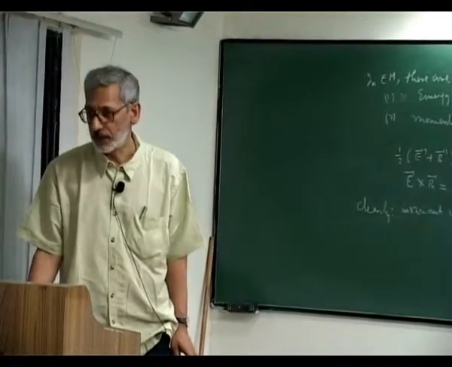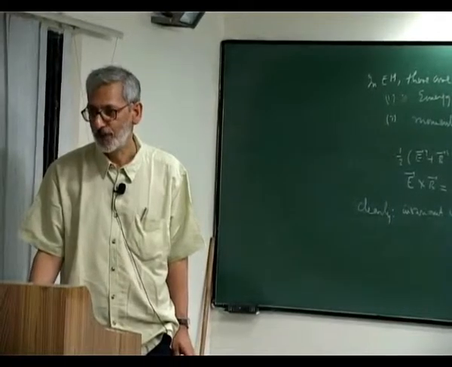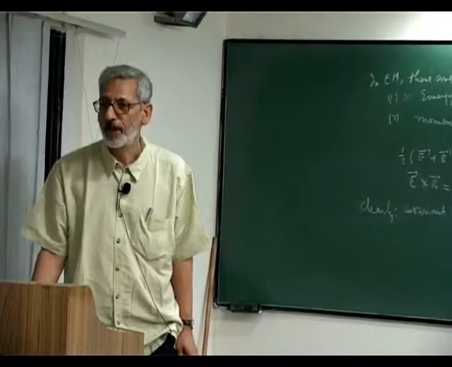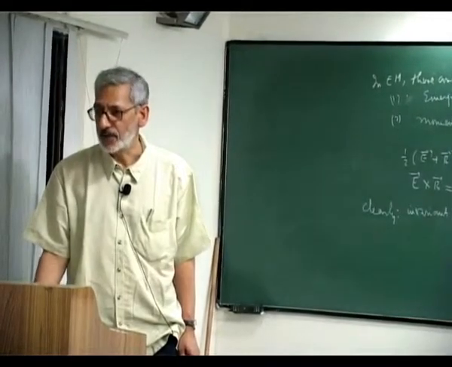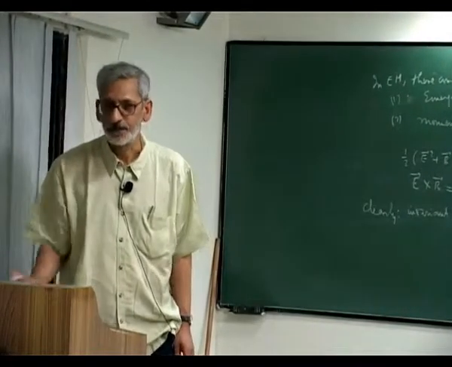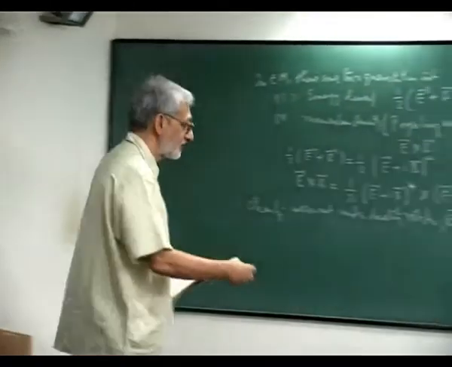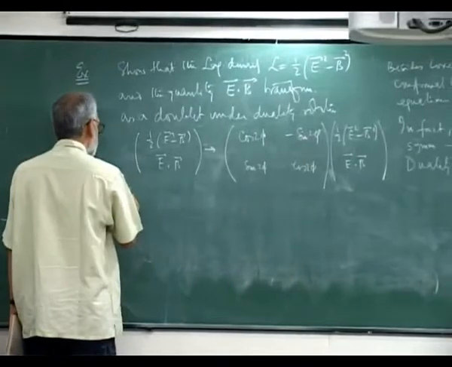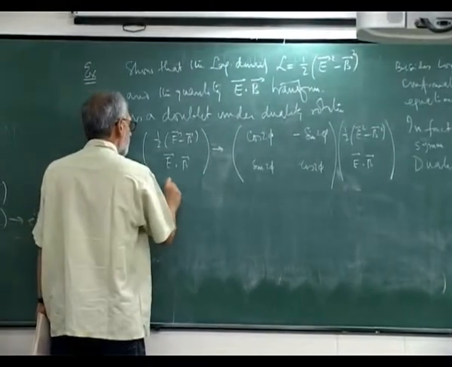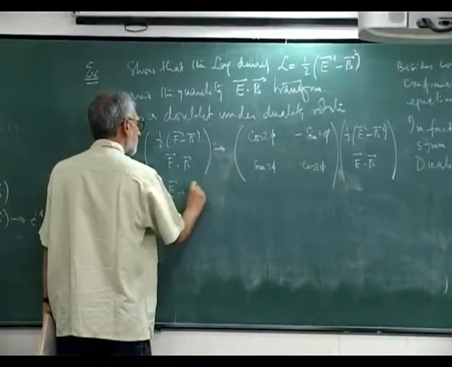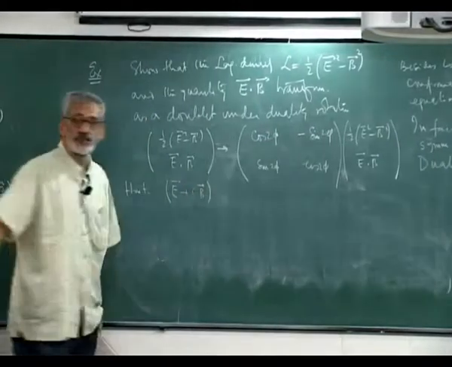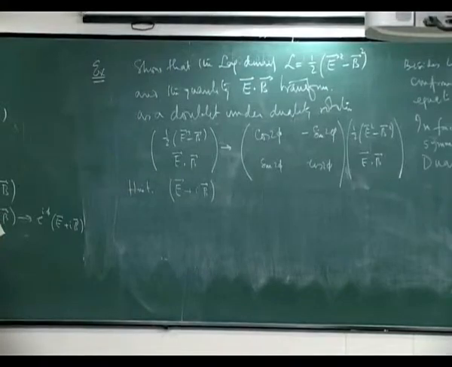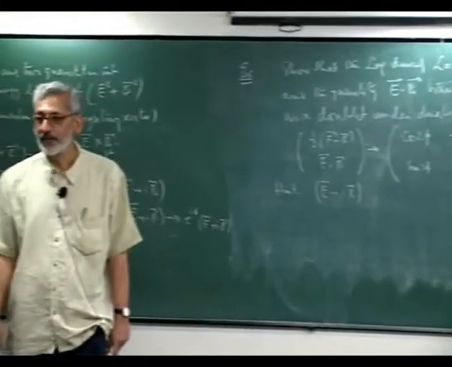I'll give you a little hint so that you can do it very quickly. You can do it in very different ways, but I'll give you a hint, and you can do it then in 2 lines. The hint is, you know how this transforms under duality: it picks up a phase e to the i phi.